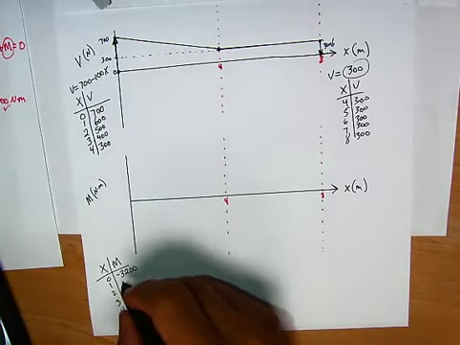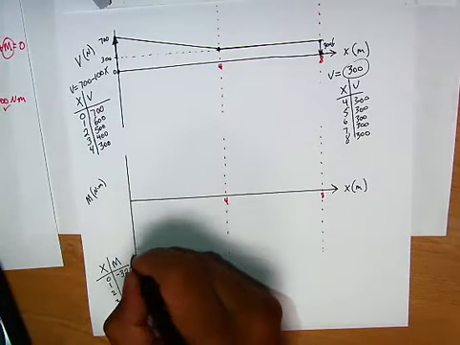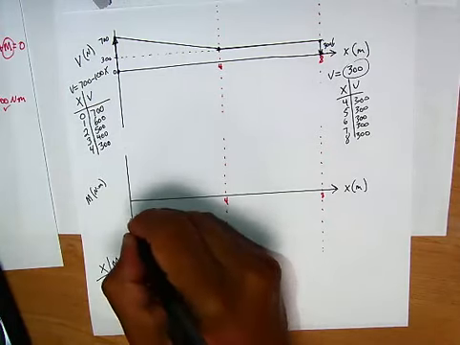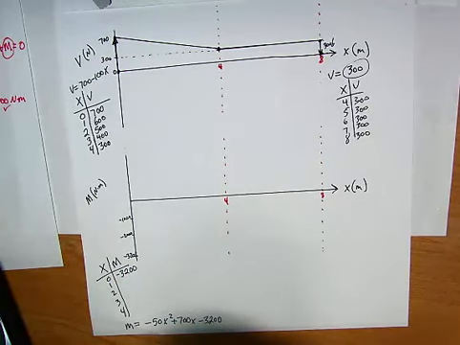Continuing here. When x is 0, which is right here, we have a value of negative 3200. Let's say 3200 is right here. Negative 3200, which will make this about a negative 1000, negative 2000. There you go.